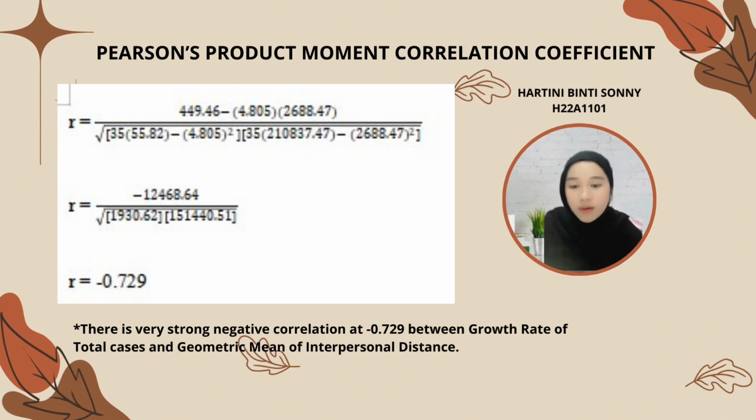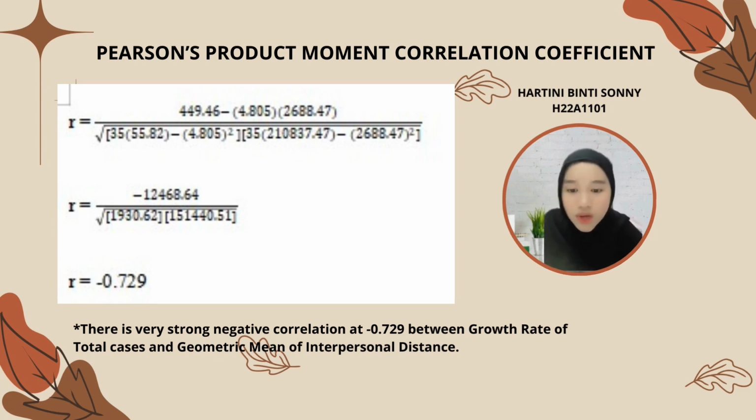R equals 449.46 minus 4.8052688.42 divided by 3555.82 squared, 210,837.47 minus 2688.47 squared, so we get R equal negative 12468.64 divided by 1930.62 and 151,440.51.